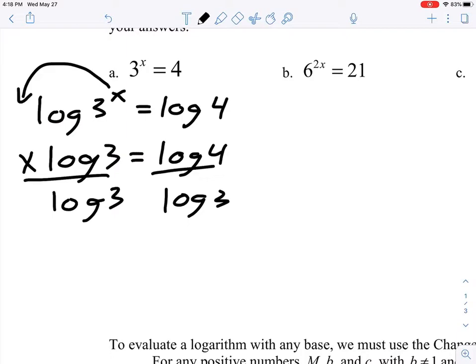Now, I want to make sure I put the parentheses there because it's really important to put the parentheses when you're using your calculator. Okay, so I'm in my calculator now, and I'm going to go log of 4, close the parentheses, divided by log of 3. And I get 1.26185.